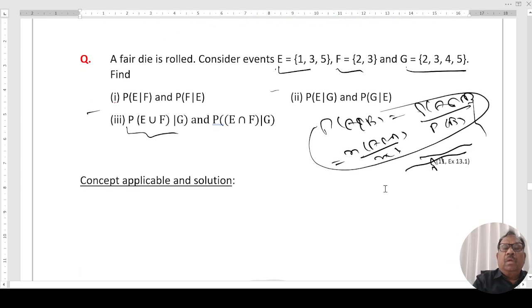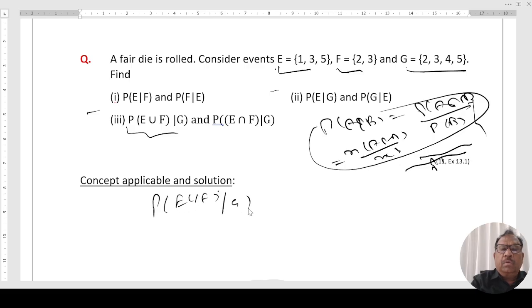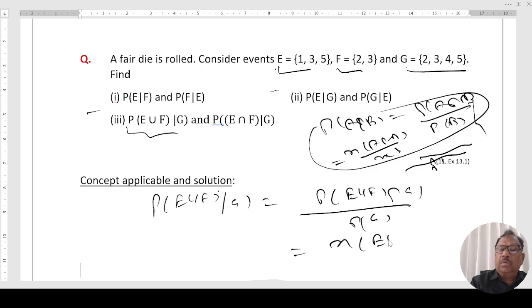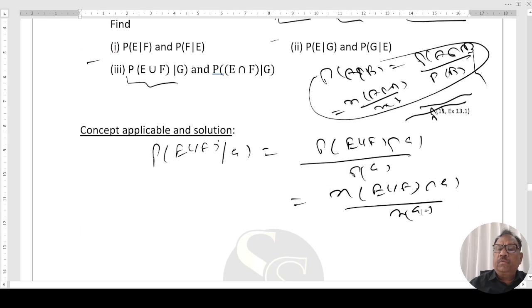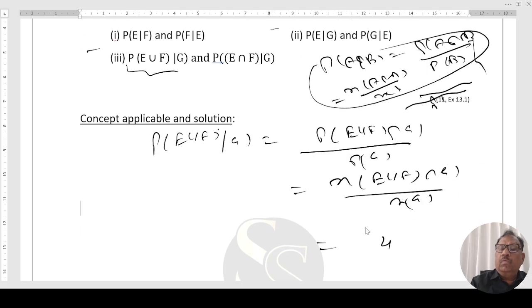Now in this case, P of (E union F) given G equals P of (E union F) intersection G upon P of G, that is equal to N of ((E union F) intersection G) upon N of G. N of G is 4, 4 elements are given, so we have to find this.